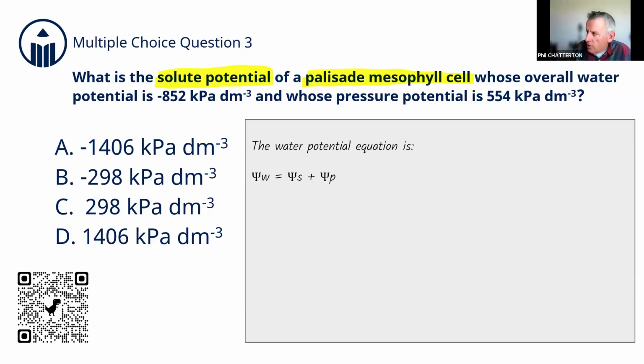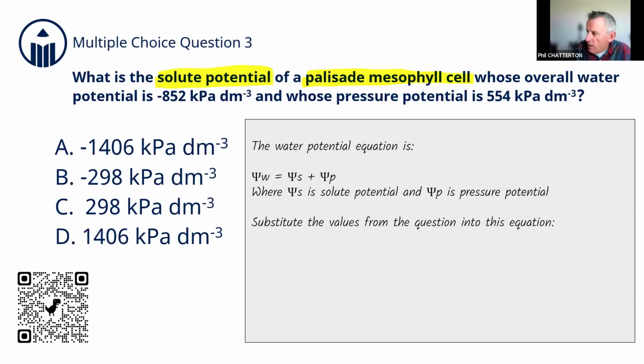We need the water potential equation for this, which is the overall water potential, psi W, is the solute water potential, psi underscore S, plus the pressure potential. Now, we're given some data in the question, aren't we, where we substitute the values from the question into this equation. So the overall water potential is minus 852.